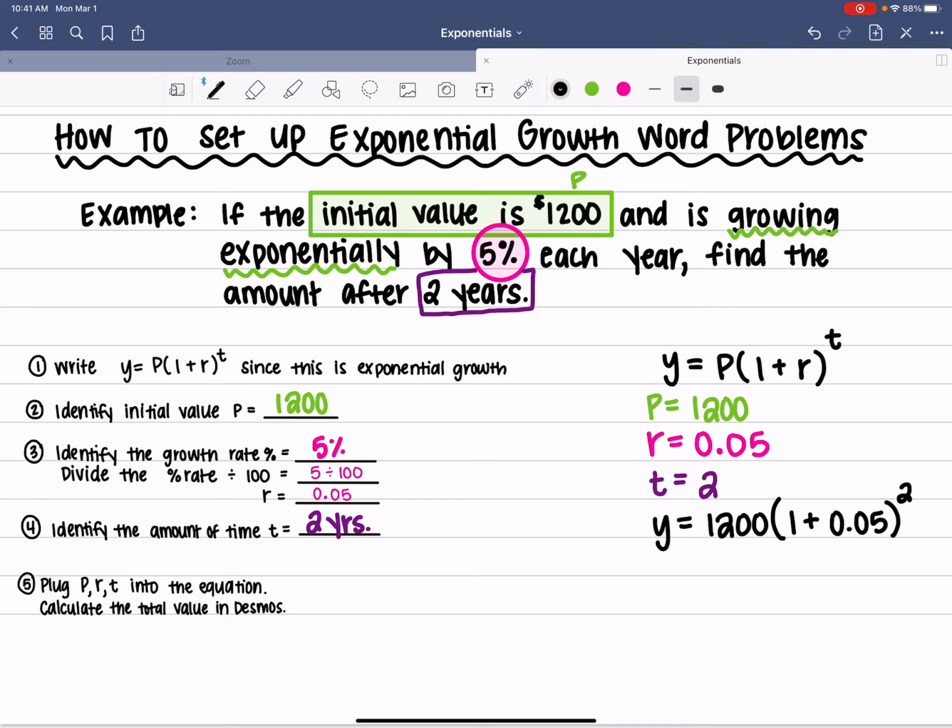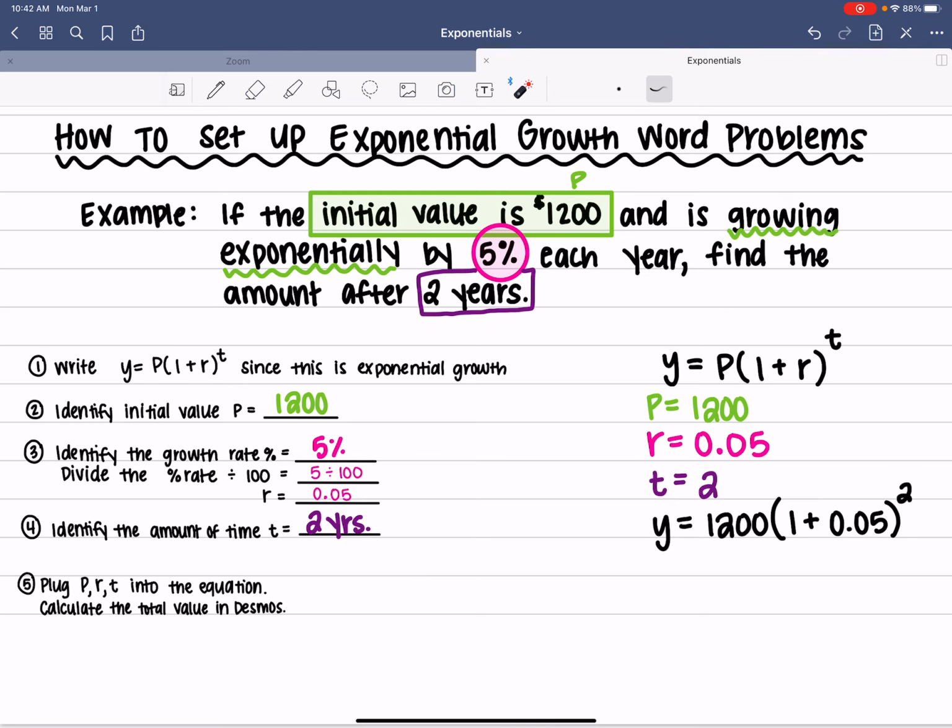Now, you can take all of this information and type it into Desmos so that you can calculate that total amount. So we want to know what is 1200 times 1 plus 0.05 raised to the second power.